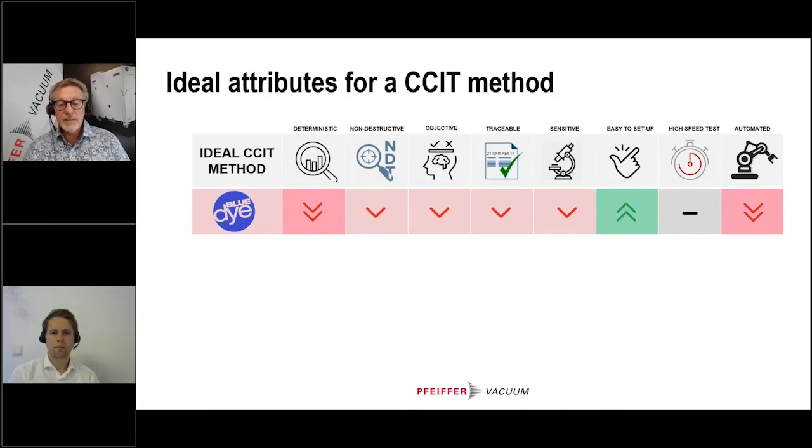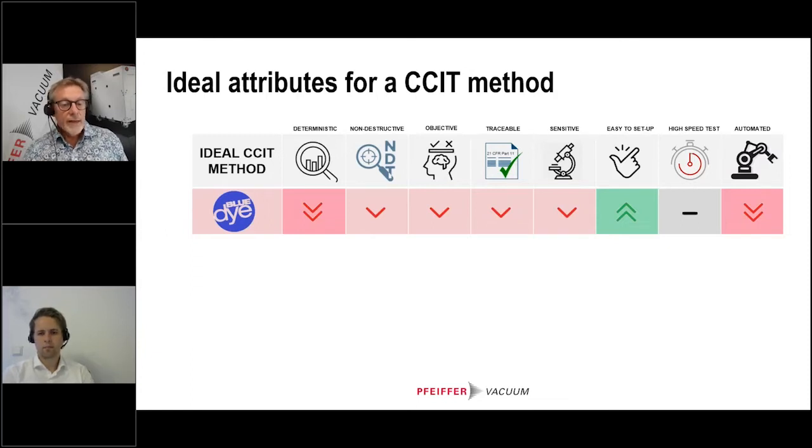It is not very sensitive compared to the other technologies which are now available for tests. It's quite easy to set up, even if the cleaning stage is sometimes not very easy to perform. It's a medium speed test and quite difficult to automate because of all these steps of immersion, cleaning, and so on.